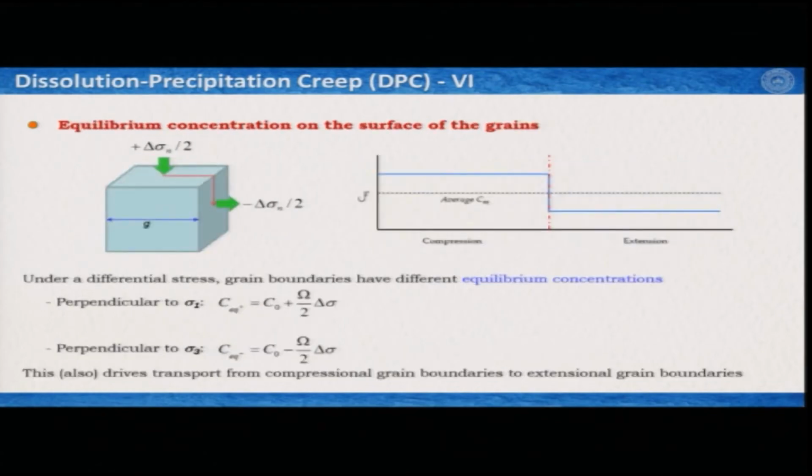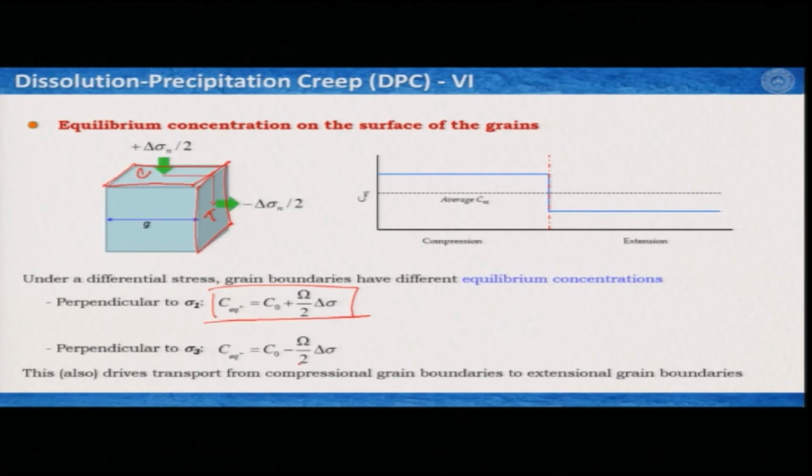And if we try to look at it in terms of equilibrium concentration, we can think of it in a very similar way, that we have this side applying some stress and this side we have the tensile domain. So, this is the compressive domain, this is the tensile domain. So, perpendicular to this one we have a very similar equation we have derived. So, here it is plus and here it is minus.